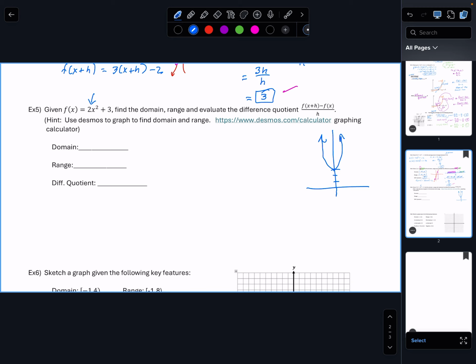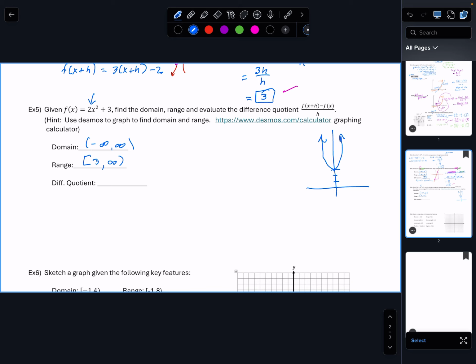And it gets wider and wider and wider. It's a polynomial, so the domain is all reals. But as you go bottom to the top, the range is 3 to positive infinity. So if you're not sure what the graph looks like to give domain and range, you can put it into Desmos for tonight's homework. In chapter 1 in the textbook, you're going to know that's what this looks like. You don't need the graphing calculator to tell you. We'll be doing this a lot.